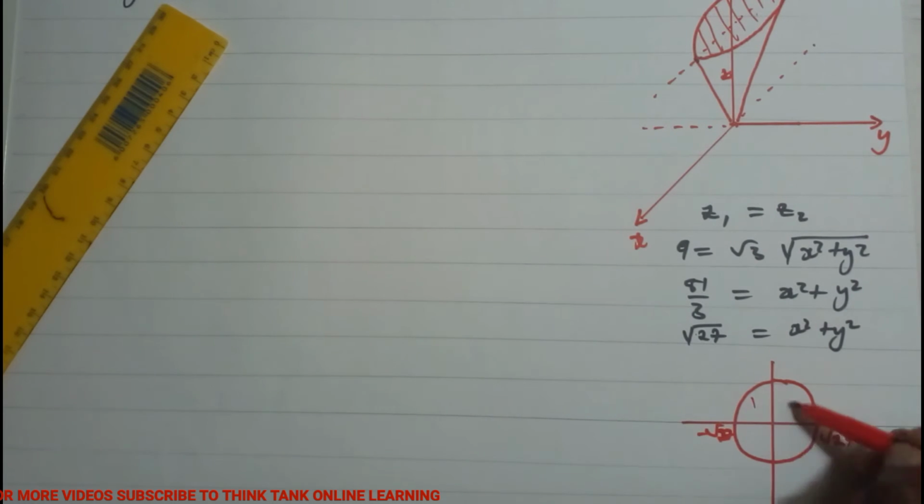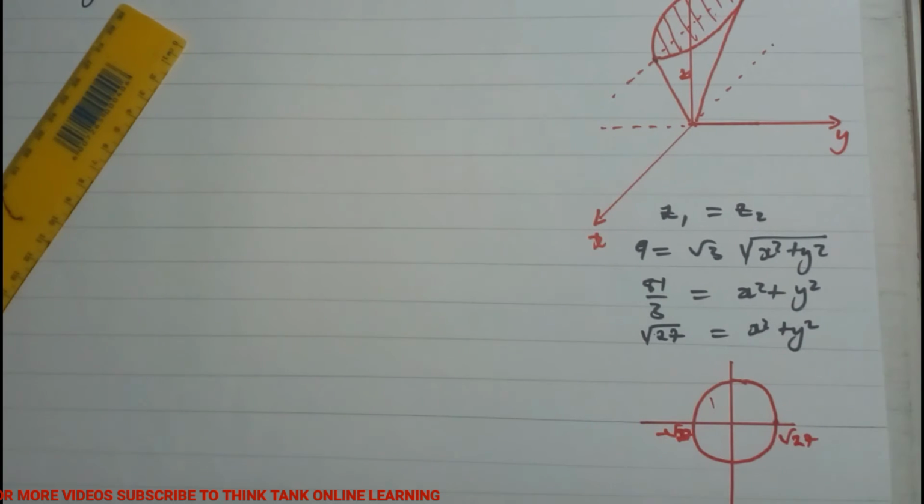This is the region I'm concerned about. Since this is a full circle, theta will range from 0 to 2 pi, and r will range from 0 to root 27.